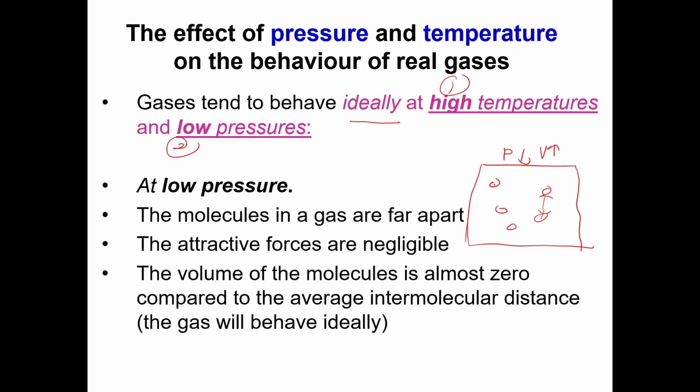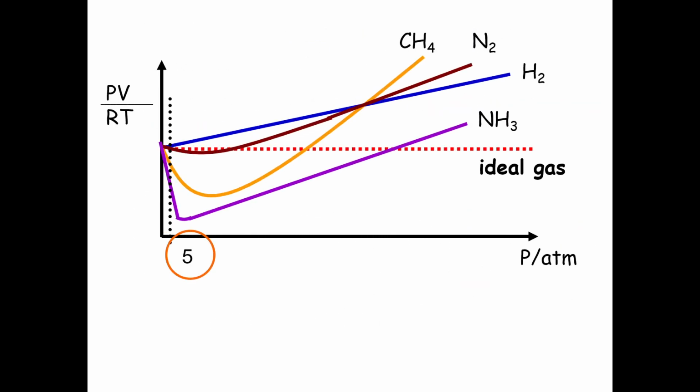So bila no intermolecular force ataupun intermolecular force are negligible, so dia menghampiri sifat of ideal gas. Okay, sama juga volume of the gas molecules are almost zero compared to the volume of the container. Okay, and this one occurs at low pressure.